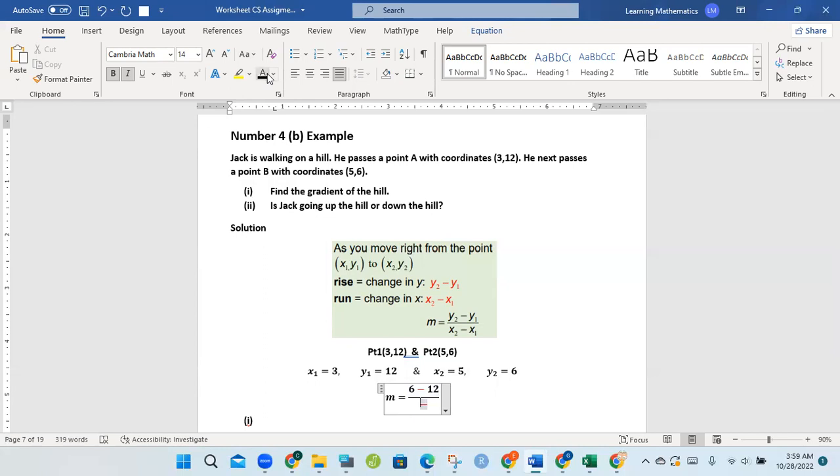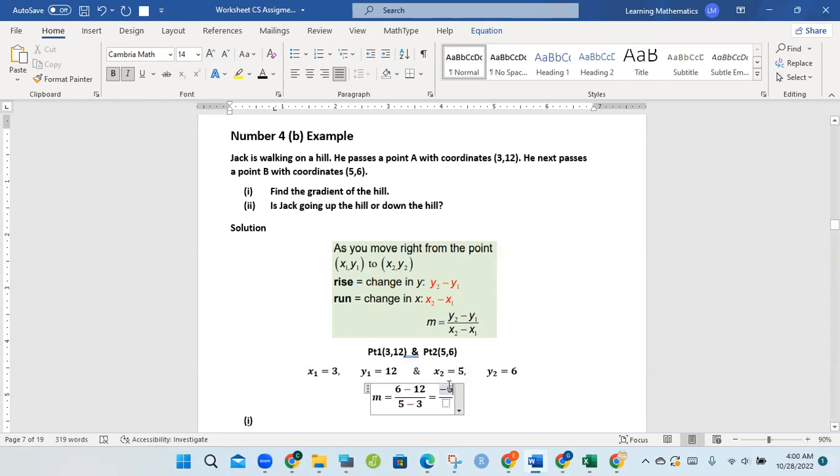That's y2 minus y1. And x2 is 5, subtract x1, which is 3. So 6 subtract 12 will give us a -6, because you try to take out 12 from 6, so you'll still have 6 more to take out.